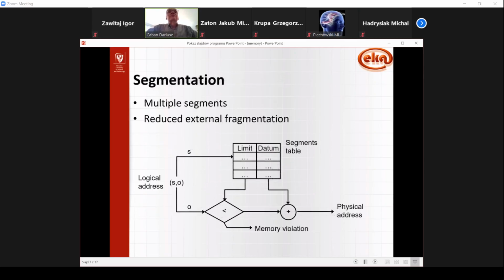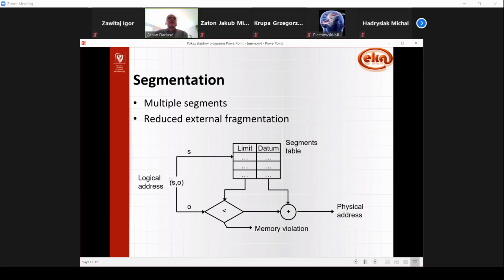So there is a different scheme which limits the problem of external fragmentation I was telling you about, which is called segmentation. In case of segmentation, the program is not loaded as a single block inside memory.